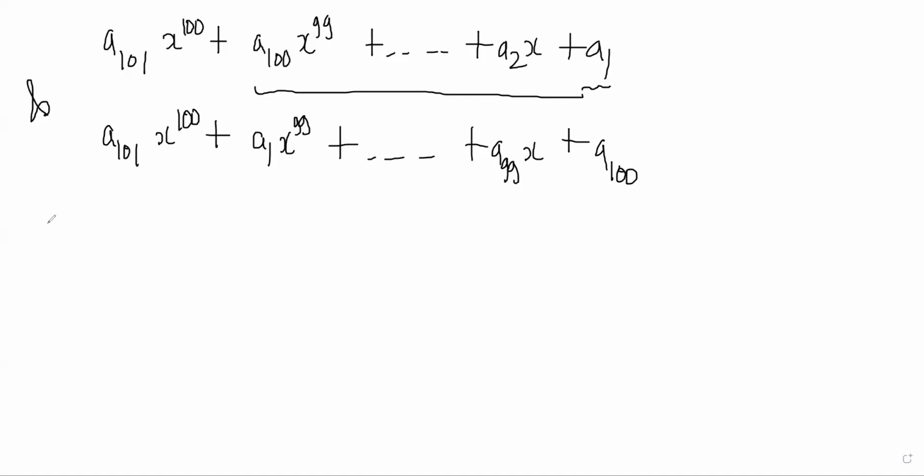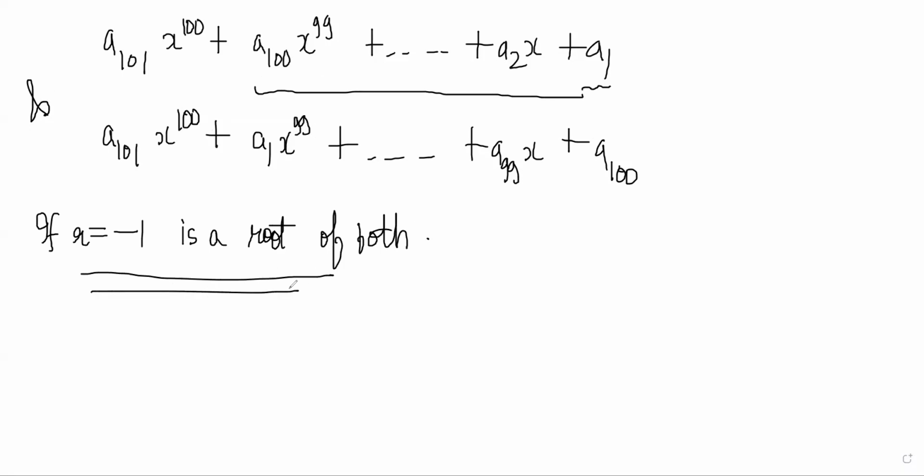Now, if r equal to minus 1 is a root of both of them, right? Because what we have said is that for all the polynomials, there is at least one integer root. So they must have one common integer root.